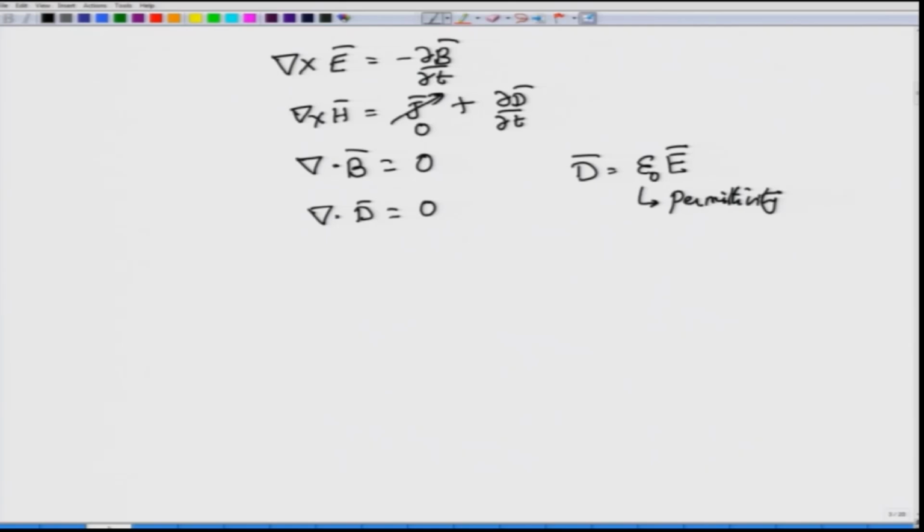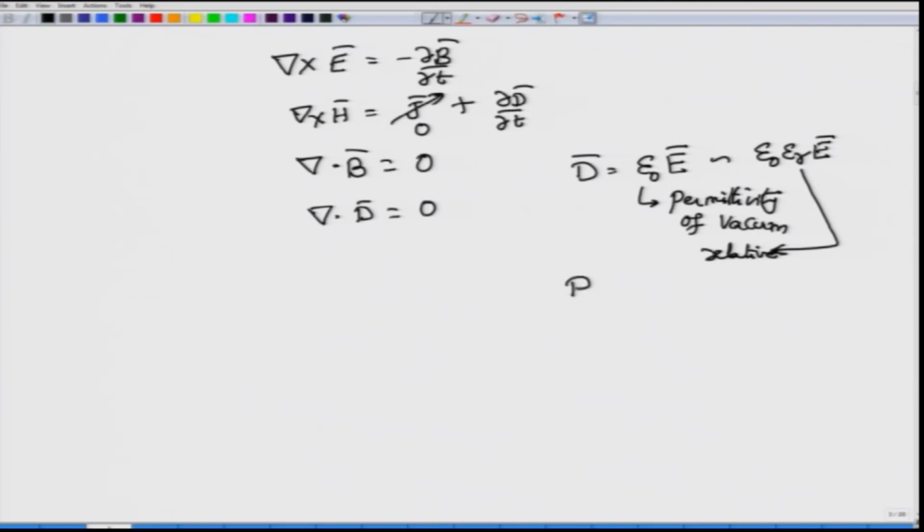If it is easily susceptible, then the permittivity will be very high, but epsilon naught is the permittivity of vacuum. Okay. In the material medium, you can rewrite this as epsilon 0 epsilon r E, where epsilon r is called the relative permittivity, relative referring to vacuum. Okay. There are more detailed D and E relationships, some of which we will see in later parts of the course.